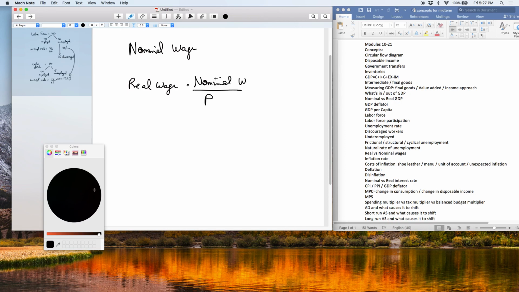So in other words, if I'm making $100 and I live in New York, that's worth a lot less than if I'm making $100 and I live in Mexico, right? Because the price level is different. So the real wage takes your nominal wage, divides by the price level. Okay? And so it's similar to the whole real GDP versus nominal GDP, right? Real GDP is correcting for changes in prices.